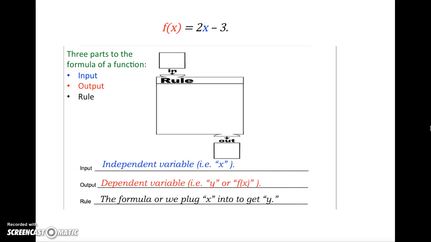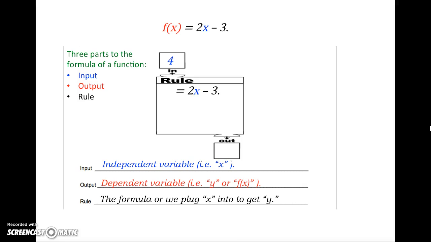So let's take a look at how we do that here. The independent variable can be any number that's within the domain, so you can pretty much choose whatever you want. For this function, let's see what we get when we plug in 4 for x. So again, x is our input, and we're just going to replace x with 4 in the formula.